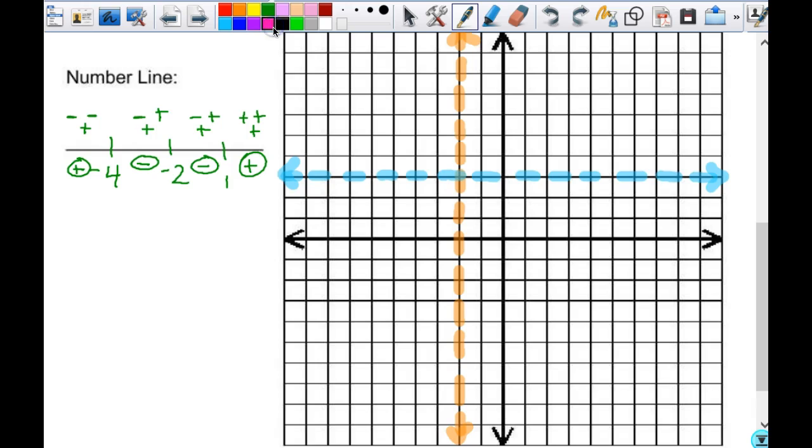And let's plot our key points. So our key points are at -4, at 1, and then our y-intercept is at (0, -3).